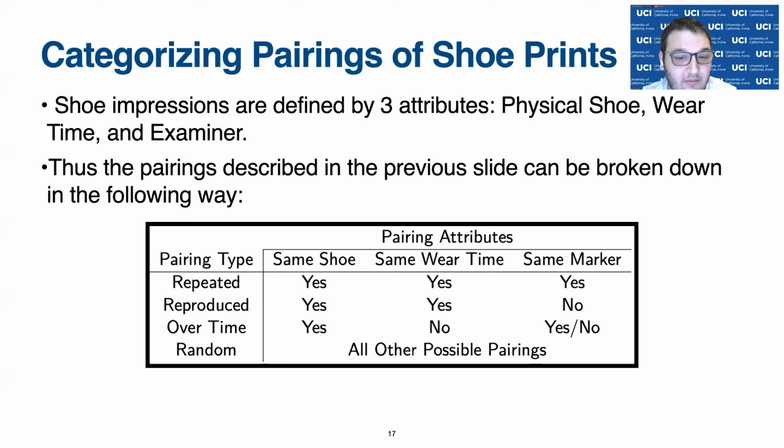Then we have wear time, so was it examined at 45 days, 90 days? And then we also have the examiner, and we have 4 examiners in our case. Again, this reiterates what the previous slide had. For example, repeated pairings are the same shoe, same wear time, same marker or examiner, and so on.